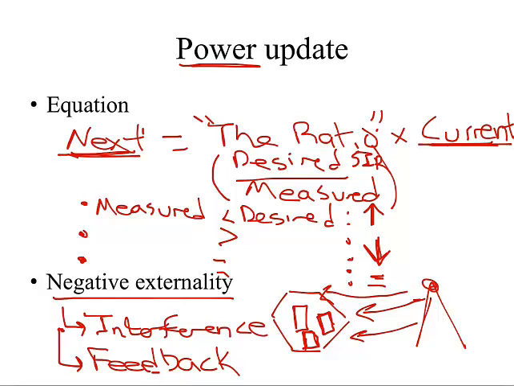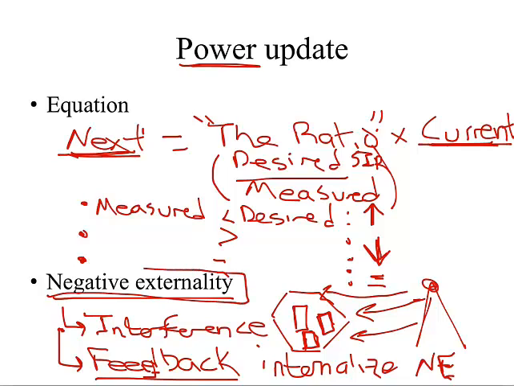Because if they're too high, it's going to cause them to lower that power level. And if they're too low, it's going to cause them to increase that power level. So we say that feedback is a method which causes each of these transmitters to internalize the negative externality that they're imposing on the network. And negative externality is a concept that we're going to see over and over again throughout this material, even in future chapters.